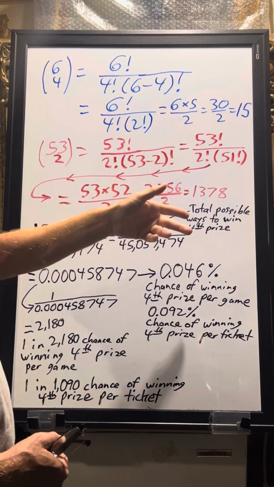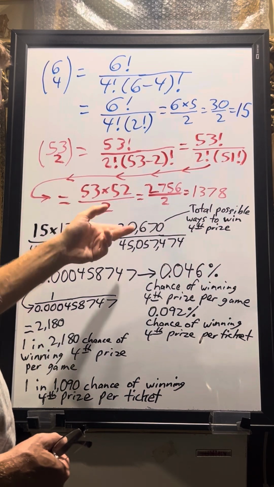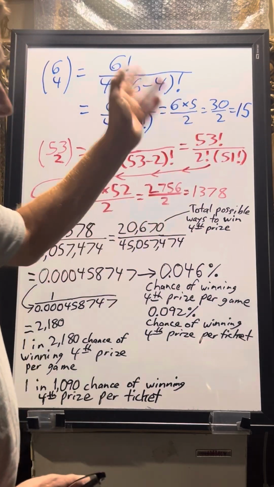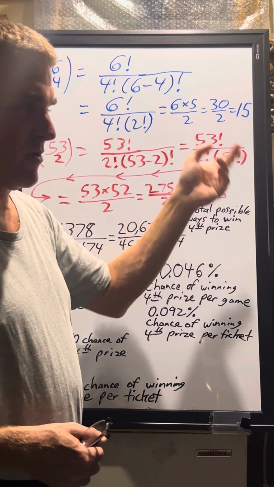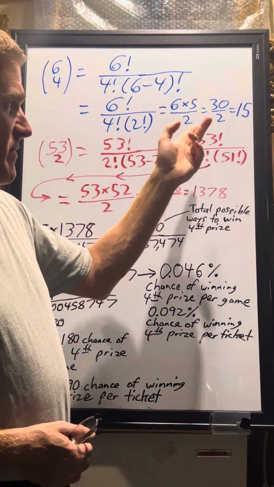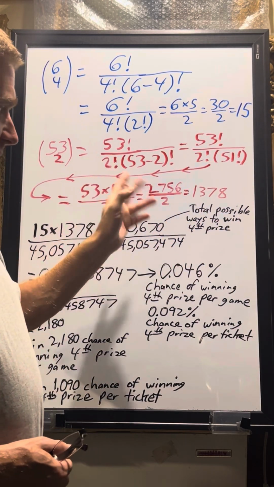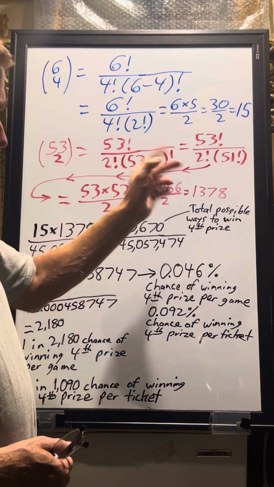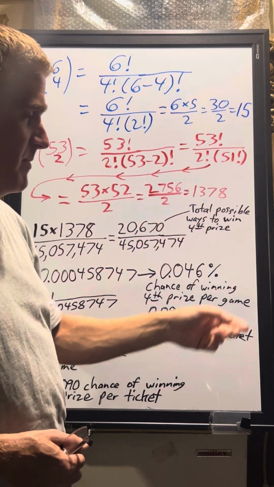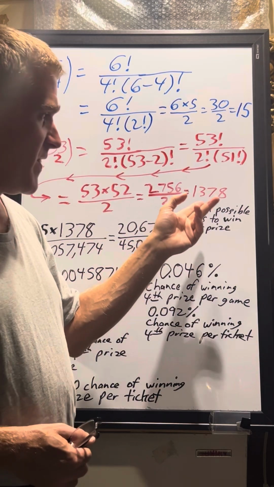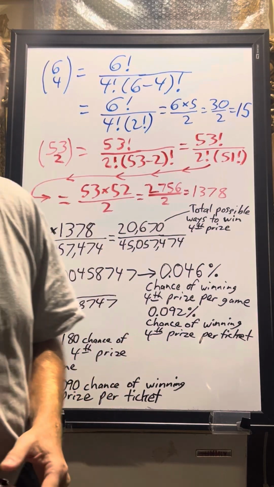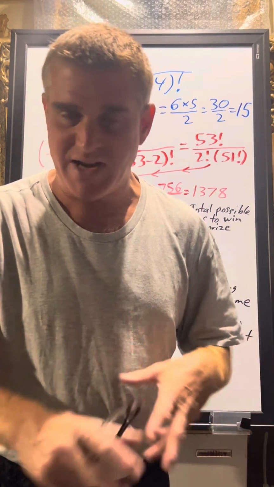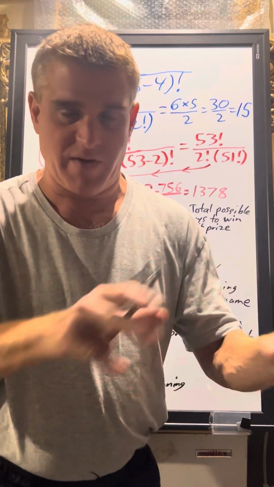What you eventually have is just 53 times 52 over 2, because the 51 factorial is going to cancel out every number of 51 and below within the 53 factorial. So then it's 53 times 52, which is 2,756, divided by 2, because you've got the 2 factorial still on the bottom. And the number is 1,378, and that represents the total number of different ways that the 2 numbers that didn't match up could be wrong. What are all the different possibilities?